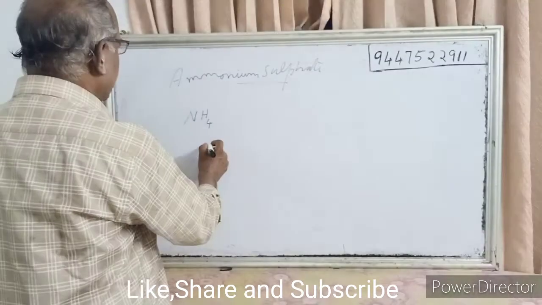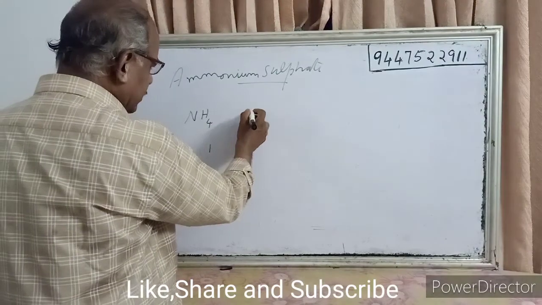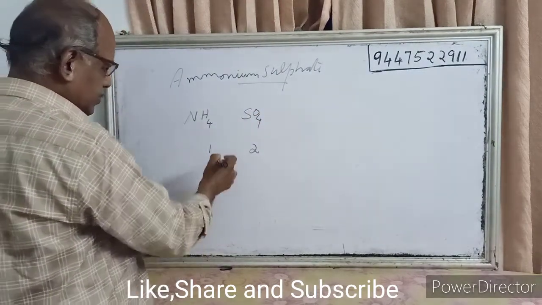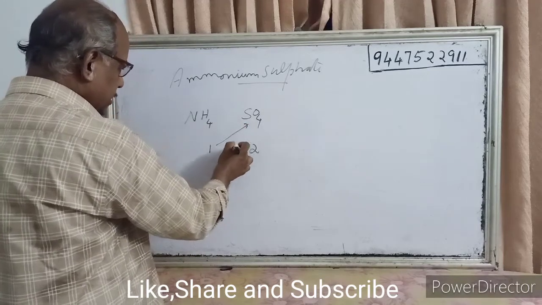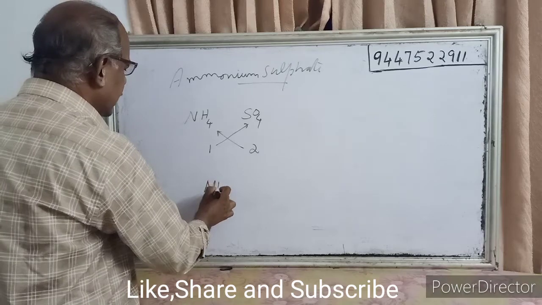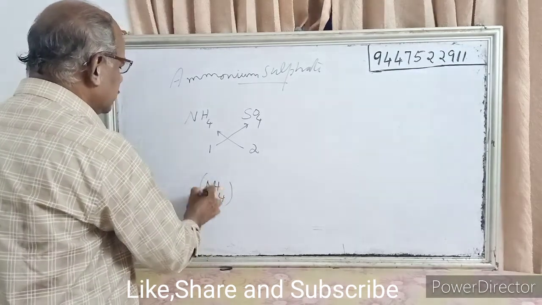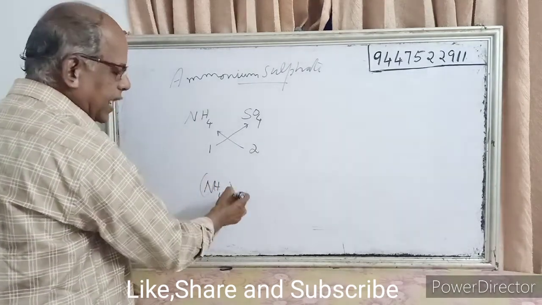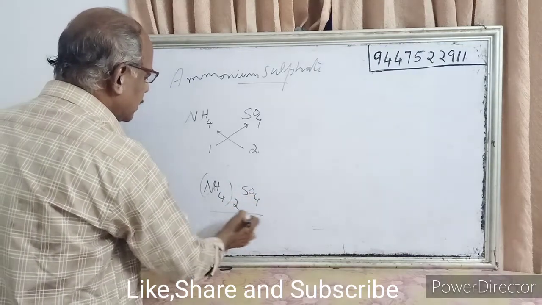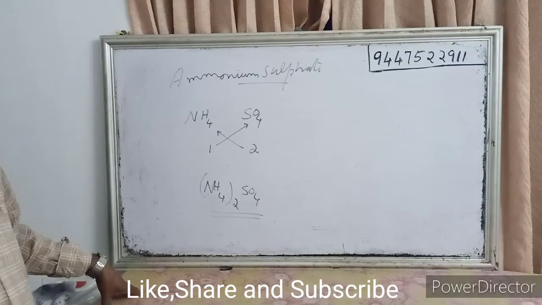Its valency is 1. Then sulfate radical is SO4, valency is 2. So you cross it. The formula is (NH4)2SO4, with NH4 in brackets twice. This is ammonium sulfate.